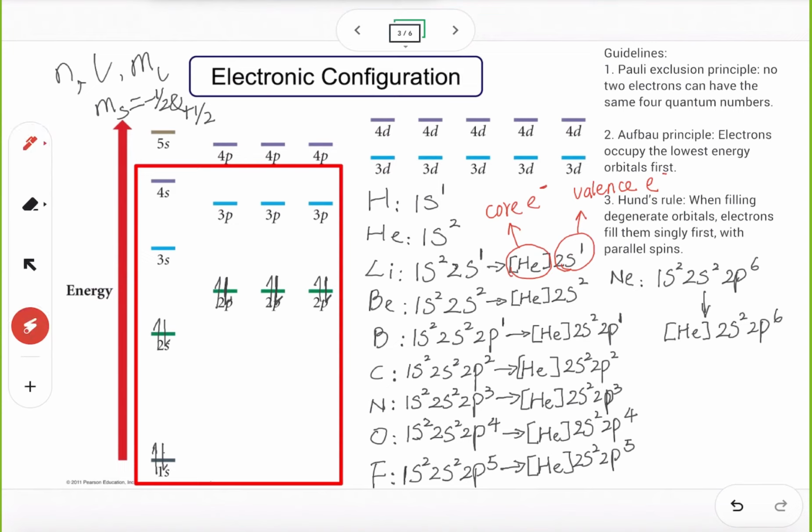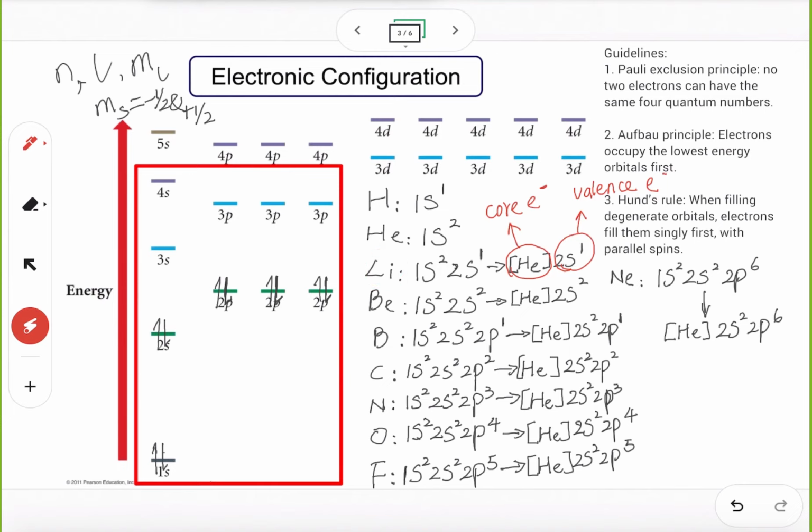What's the difference between the two? The core electrons are not part of the chemical reaction when you react lithium with other elements. These 2 electrons always exist for lithium. But the 1 electron on the 2s orbital will join the chemical reaction if you let lithium react with other things.